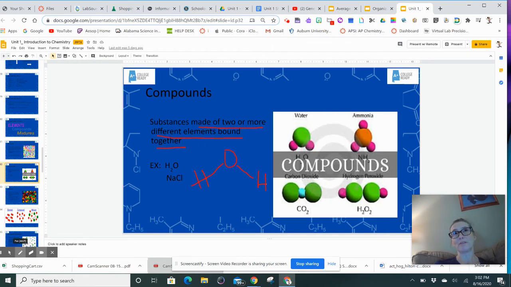For example, those are both flammable. Or actually, those would be a chemical property, I guess. Those are both flammable. But when you put them together and make water, they have some new properties, completely different. Water, which actually puts out flames. Okay, so when 2 elements come together and bond and their chemical properties change, they become a new substance. That is a compound.